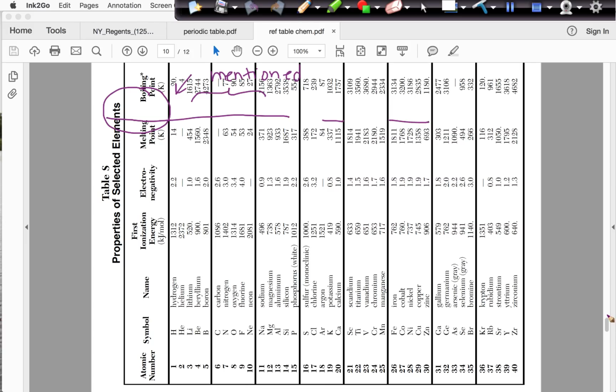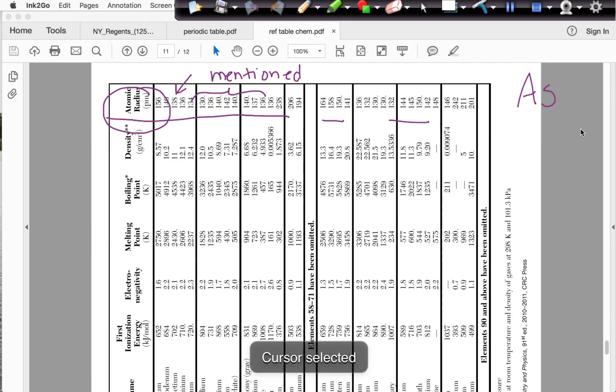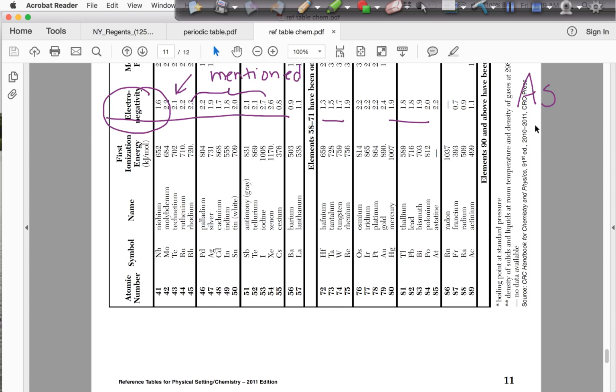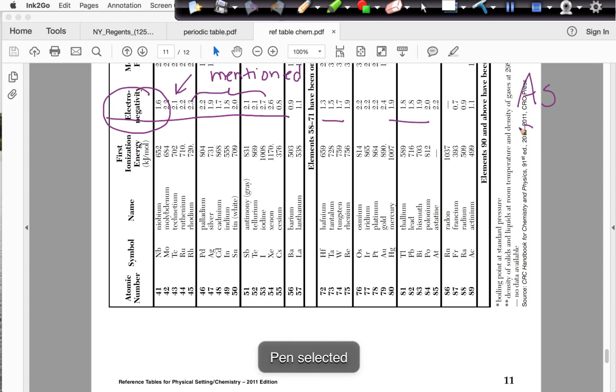Looking down Table S, arsenic is As, and further down, antimony has the symbol Sb.